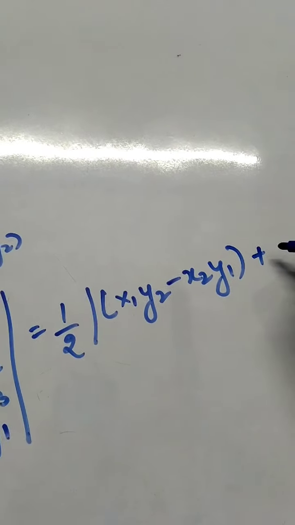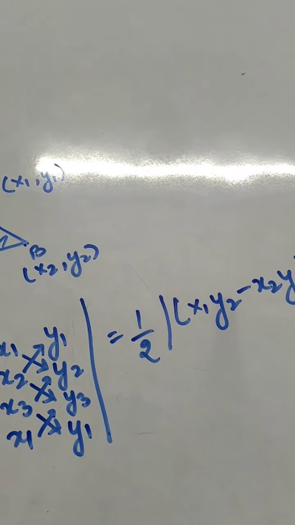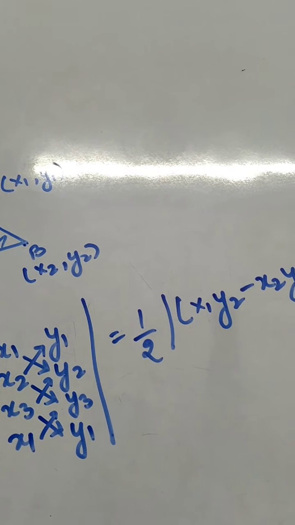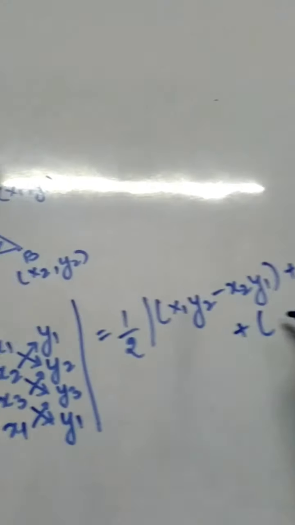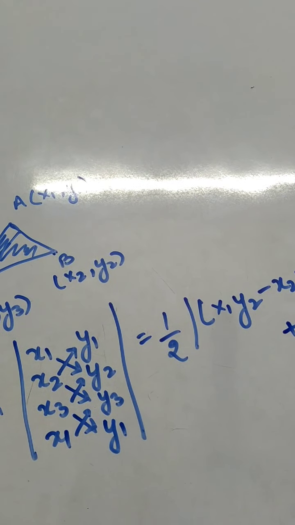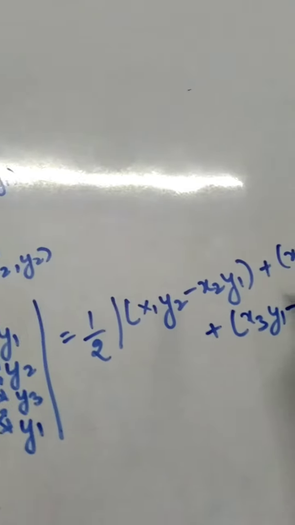plus again we have x2 y3 minus x3 y2, right, plus we have x3 y1 minus x1 y3.